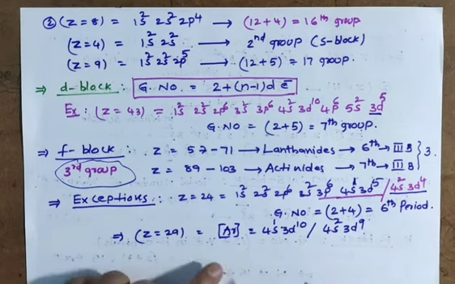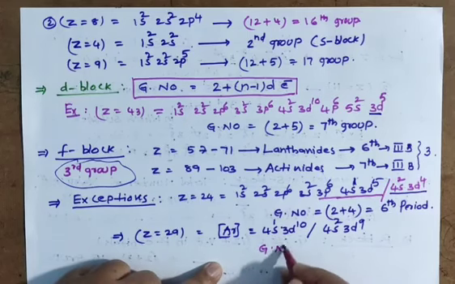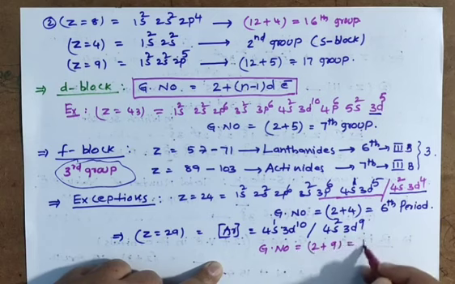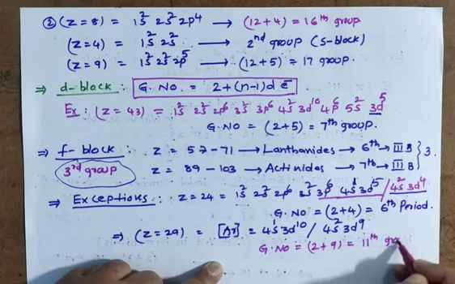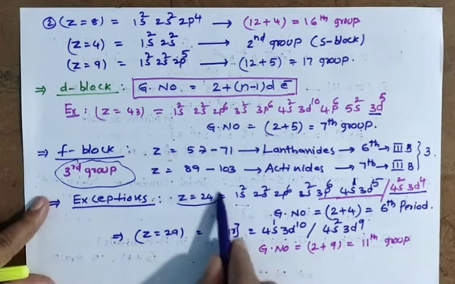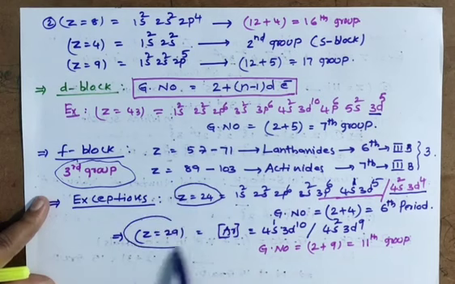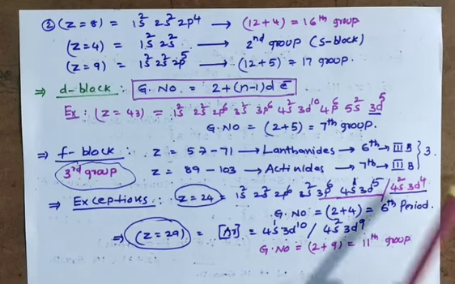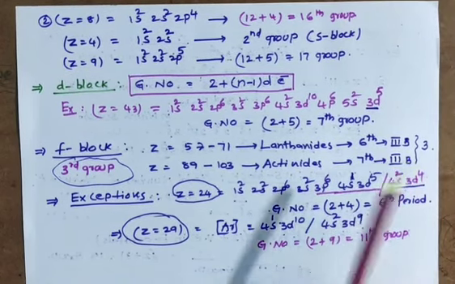So then you have to go for group number equal to 2 plus, because it is a D block element, D electrons how many? 9. That equals 11th group. You can cross check. And these atomic number 24 and atomic number 29, we have to take as exceptional cases.